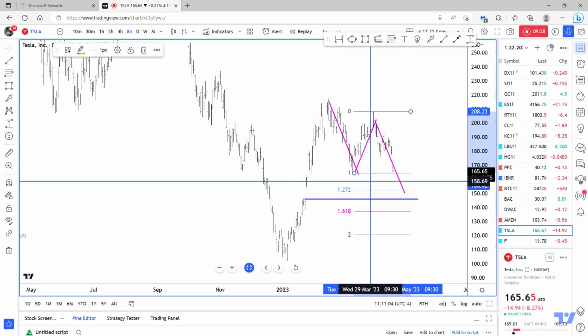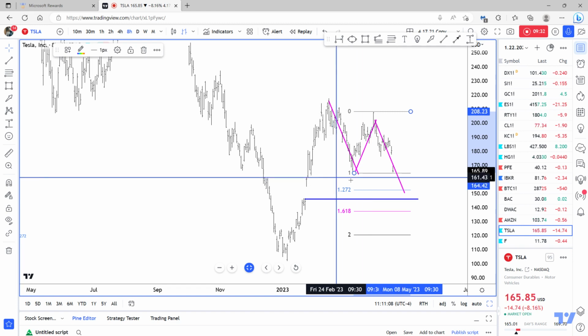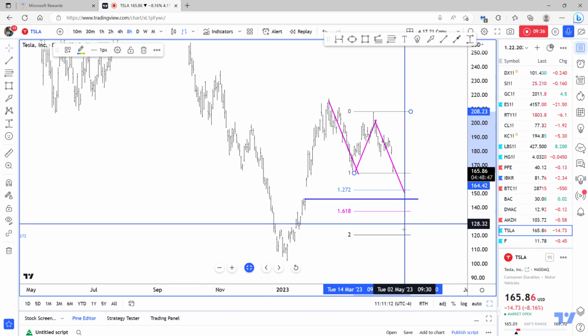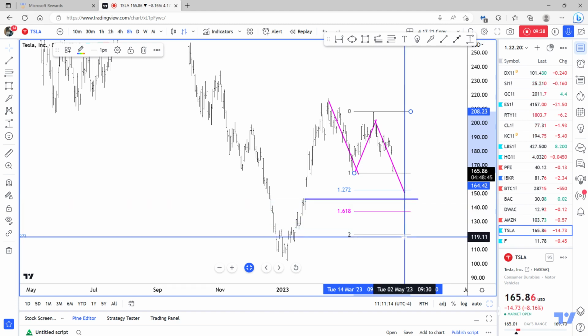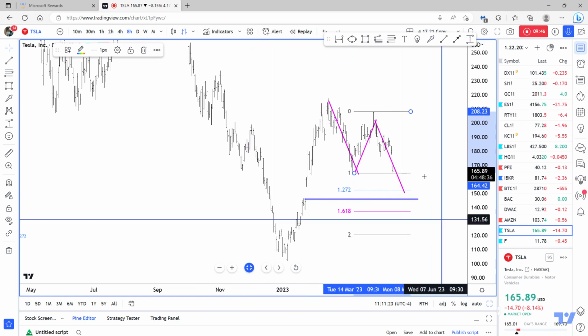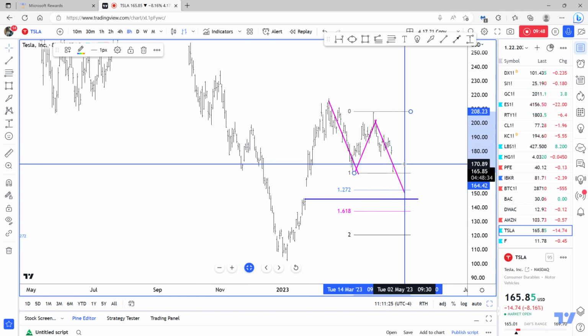You're trying to find that target, that reversal area, and you don't do it on very small time frames. You do it based on the patterns that you see on the time frames that are tradable. And an 8-hour chart, a 4-hour chart, maybe a 2-hour chart, a daily chart, even a weekly chart, they all work. But you want to stay away from the small time frames because that doesn't matter to me. I don't need a small time frame here.